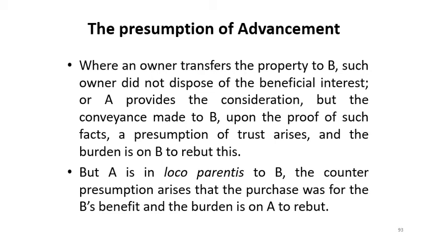Once again, in terms of section 83, the owner must prove that he has transferred his property to another person, the transferee. At the same time, he did not intend to dispose of the beneficial interest therein. Two issues must be proved.